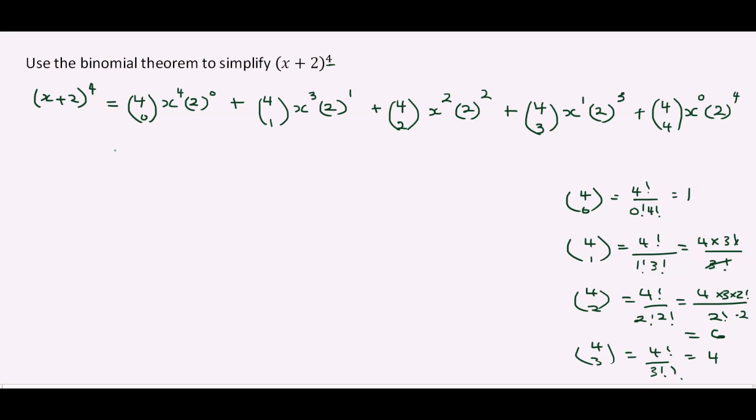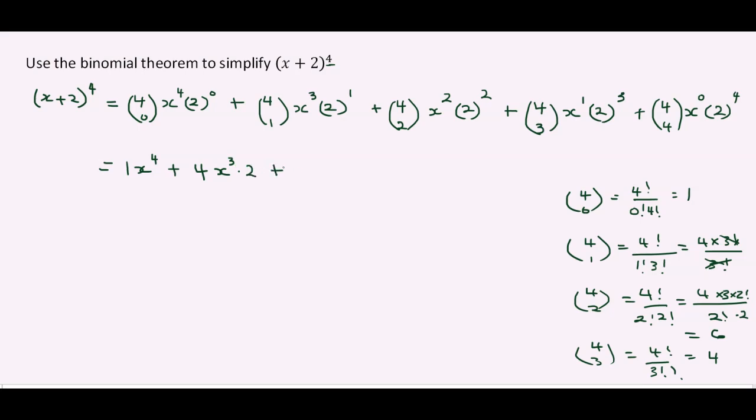Okay, so now we're going to apply this here. 4C0 is 1, so that is 1 times x to the power of 4, and 2 to the power of 0 is 1, so we ignore it. Plus 4C1 is going to give us 4, and then here we have x to the 3rd power multiplied by 2.